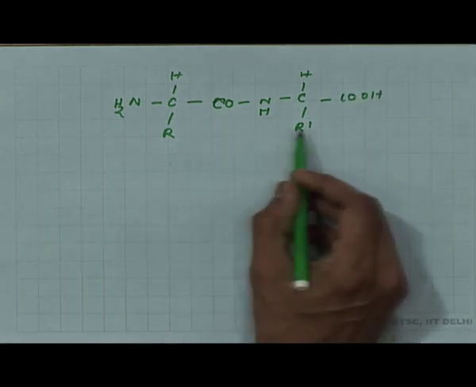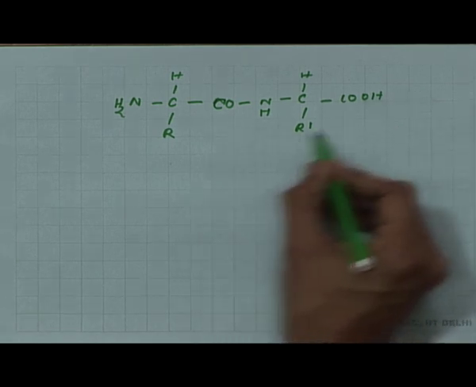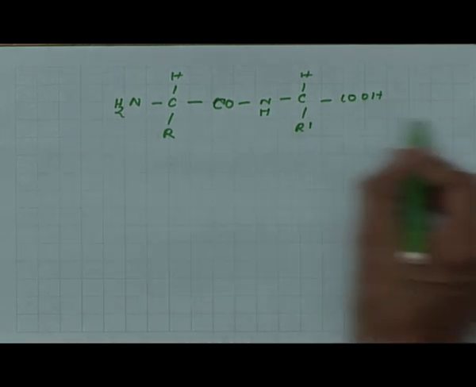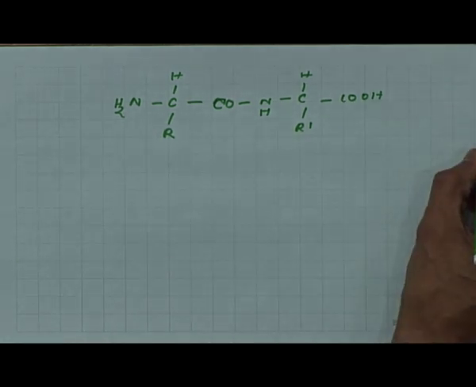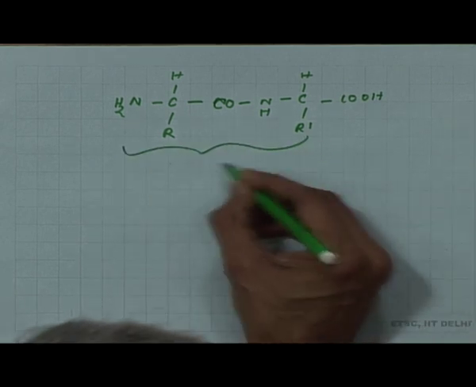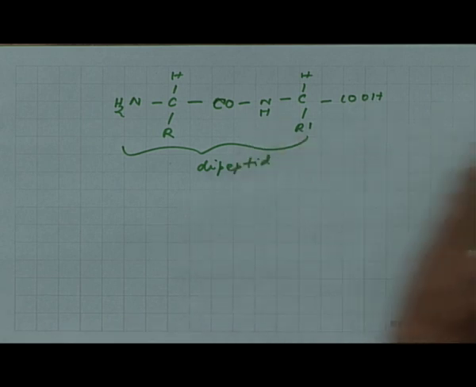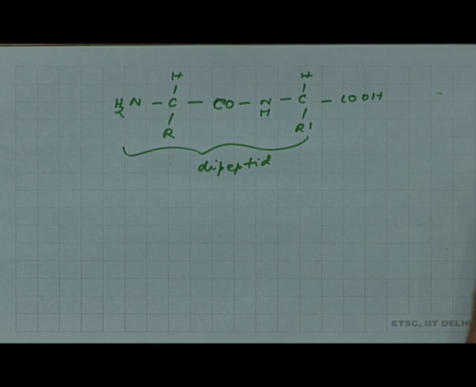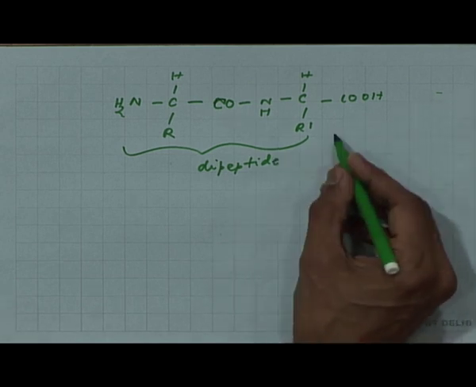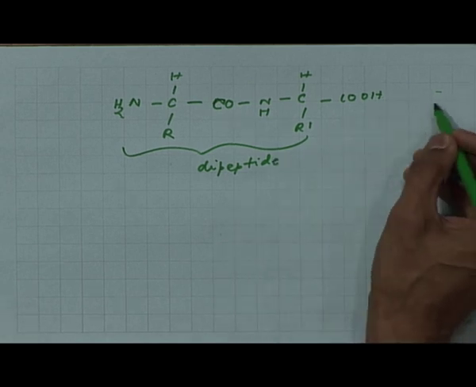And there is no reason for you to stop here. You can add other amino acids and you build a long chain like this. So, this is a dipeptide, and if you did this infinitely, you will get what is called a protein, and enzymes are proteins.